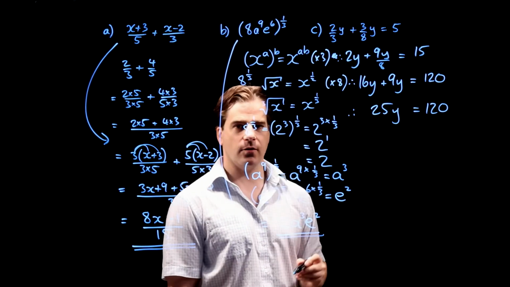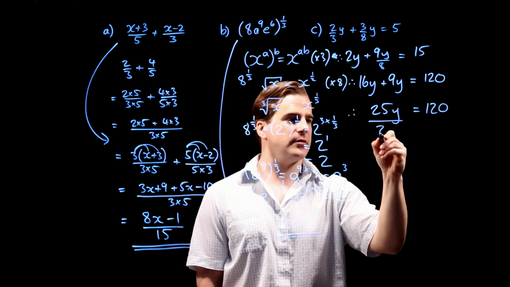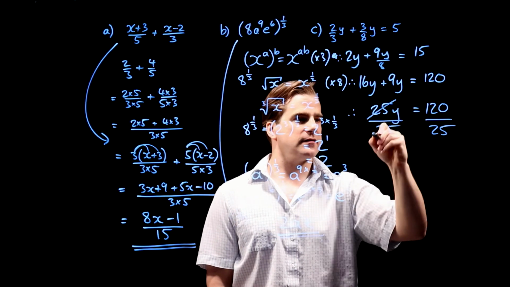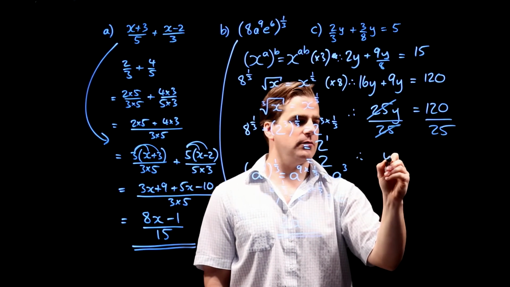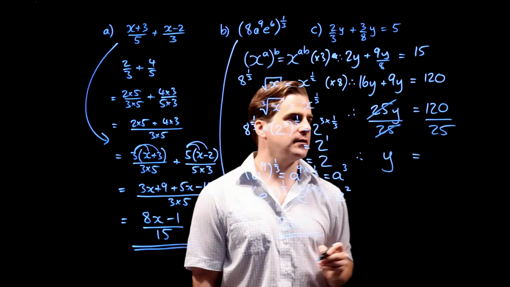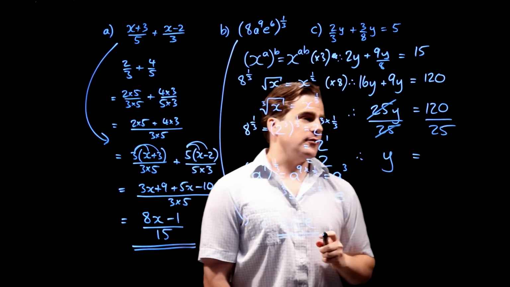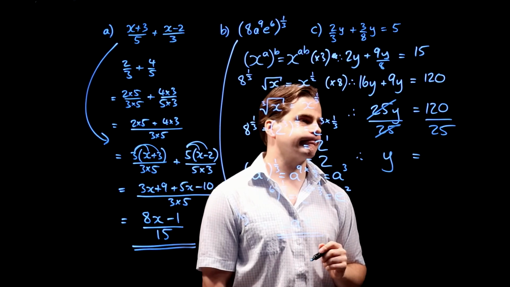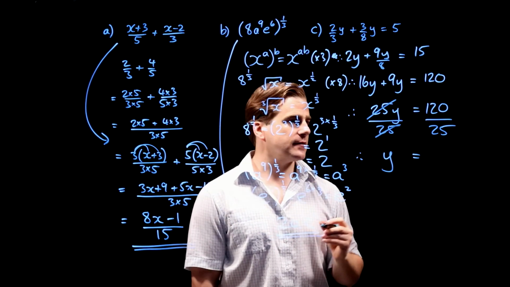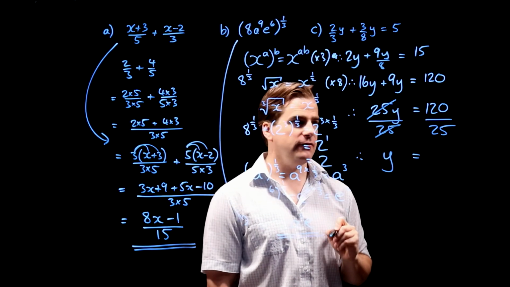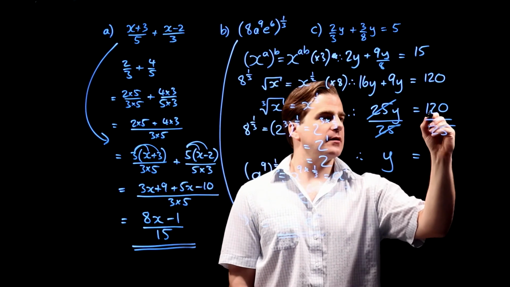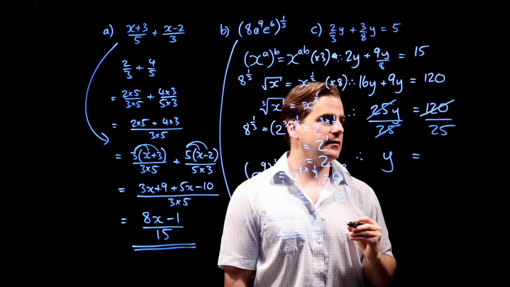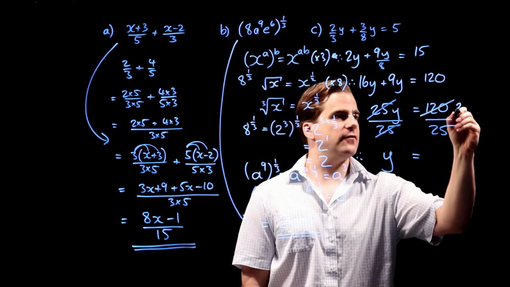Okay, nearly there. To get the y by itself, divide both sides by 25. Therefore, y equals 120 over 25. Let's divide both by 5. 5 into 120 is 24.